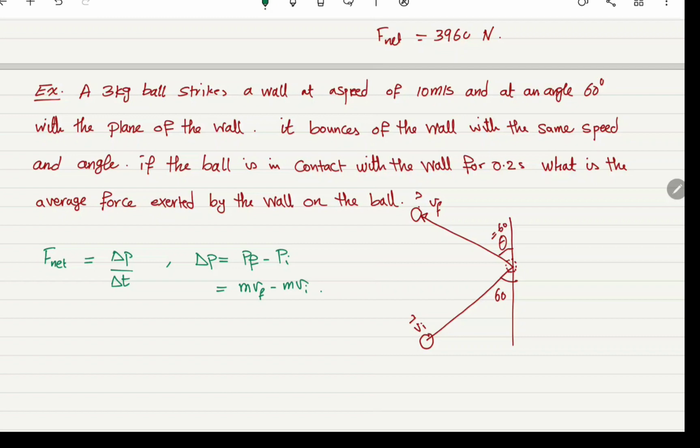Now since momentum is a vector quantity, V final in this case could be equal to V final sine theta i hat plus V final cosine theta j hat, and V initial equal to V initial sine theta i hat minus V initial cosine theta j hat.